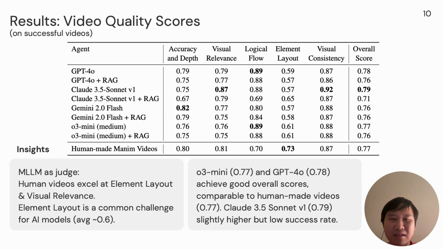Human-made videos lead all other models in terms of visual relevance and layout. Another clear pattern is that element layout is a common challenge for those AI models, which only achieve an average of 0.6.